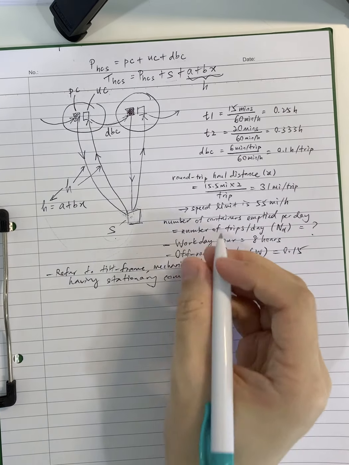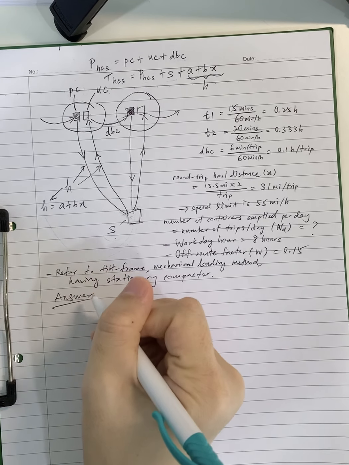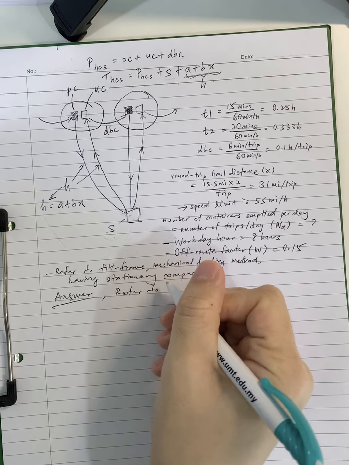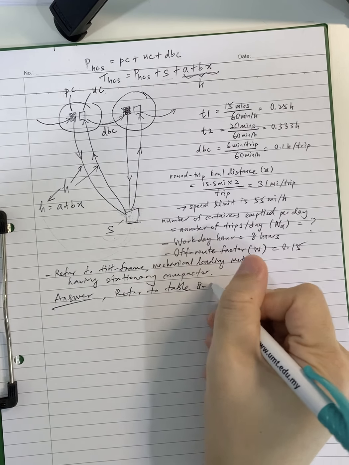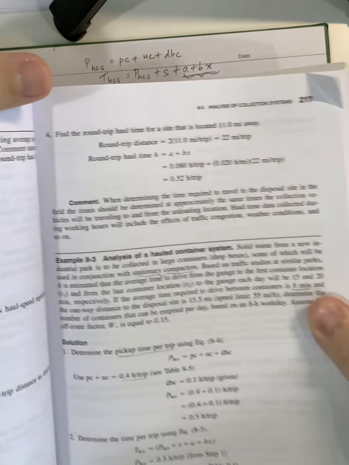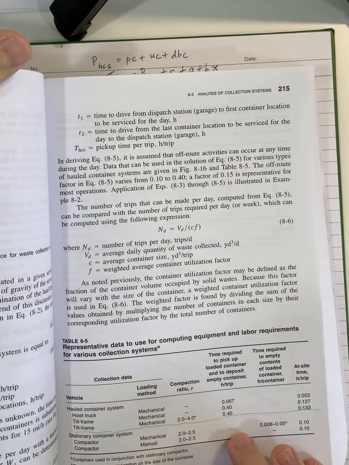All right, so now we should get the answer. We have to refer to table 8.5. Let's look at table 8.5 and see what kind of information we can get. Okay, this is table 8.5.